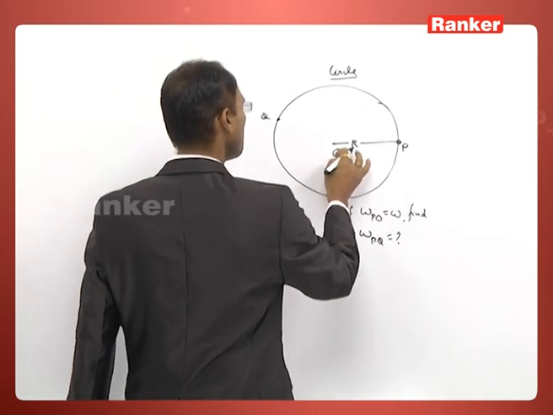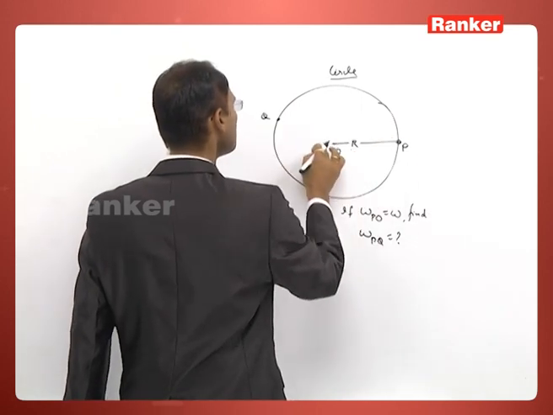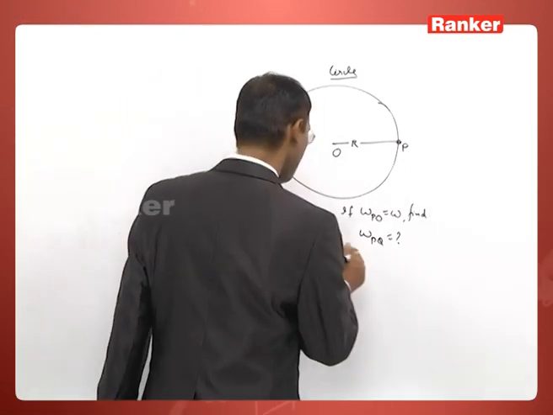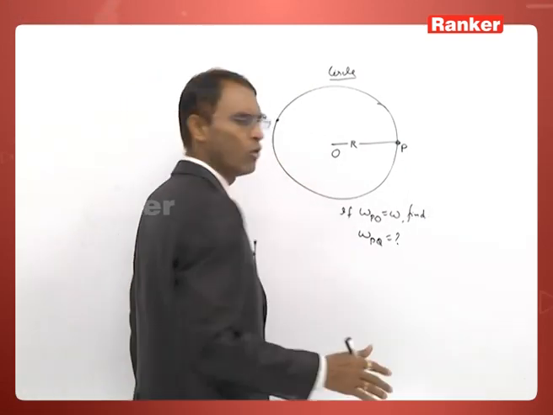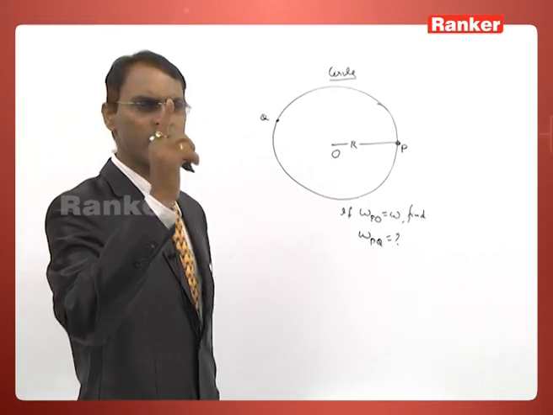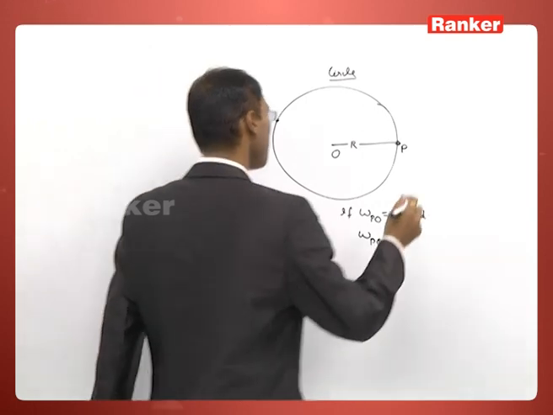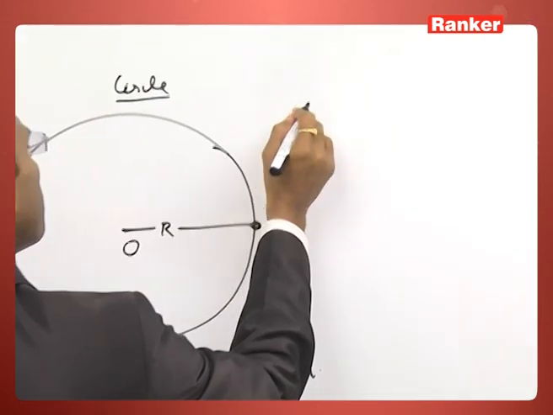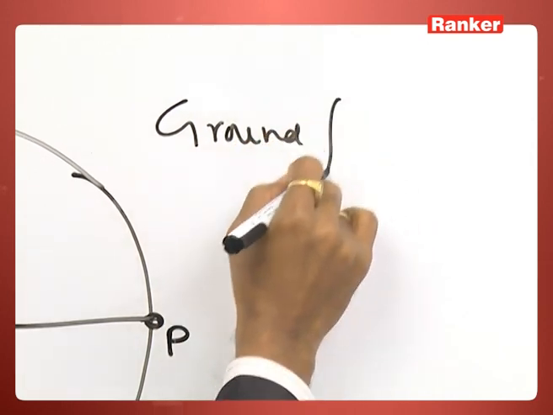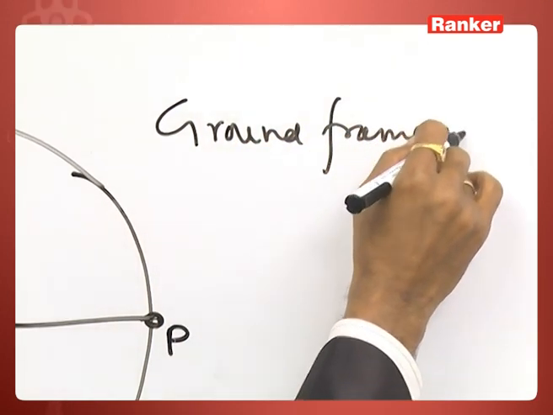No connection between these points. To solve the problem, we have 2 different methods. One ground frame method, one relative motion method. Let us solve it by ground frame method.